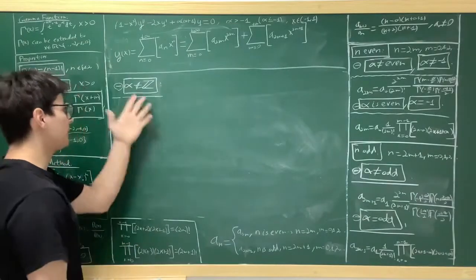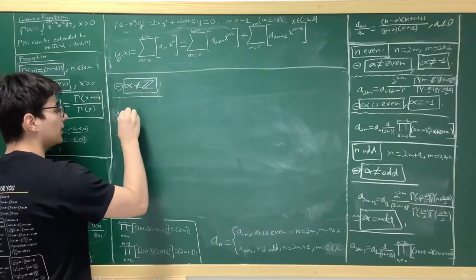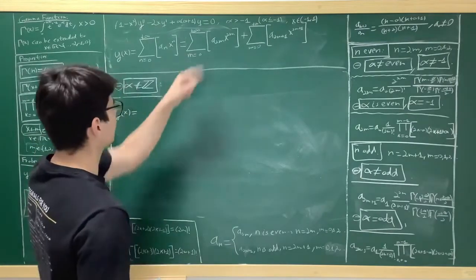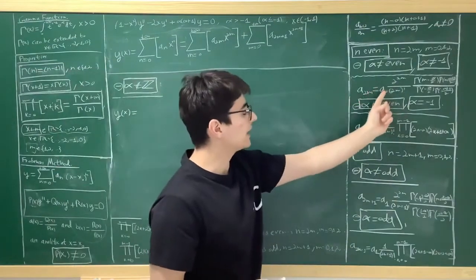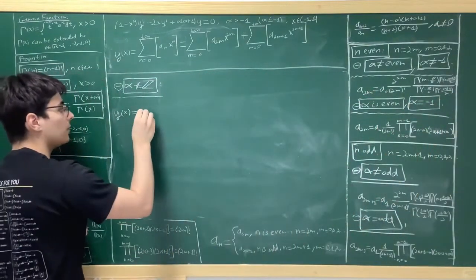So our solution, if alpha is not an integer, is, I'm going to try to fit it all here. It is just this first term, which is the sum of all of these. We can actually take out this term and this term, because they don't depend on m.